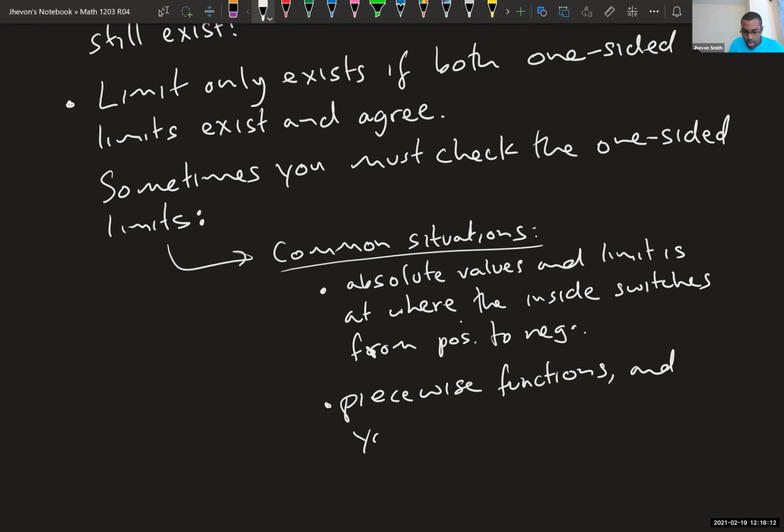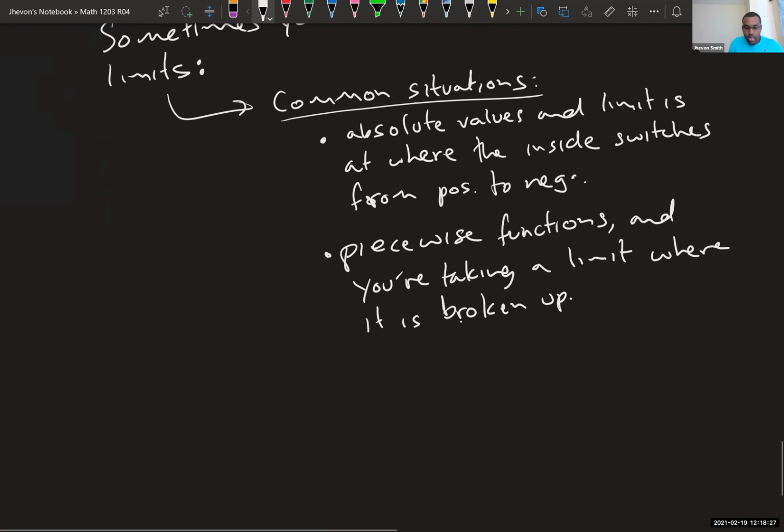And you're taking a limit where it is broken up. Generally, you can consider this when you just find yourself in a weird situation.